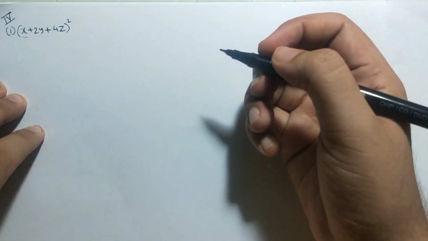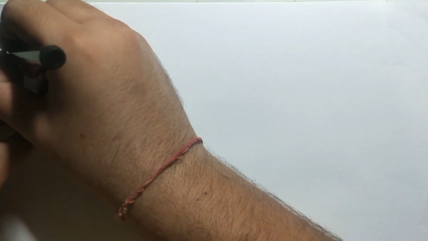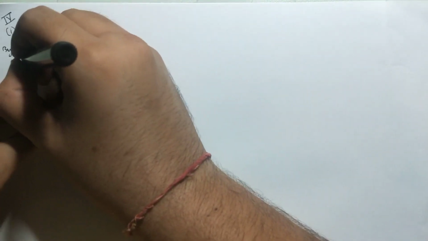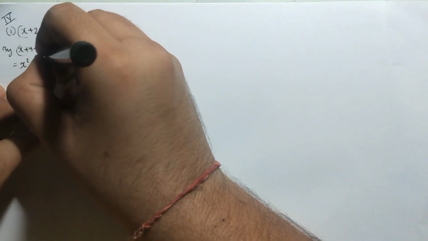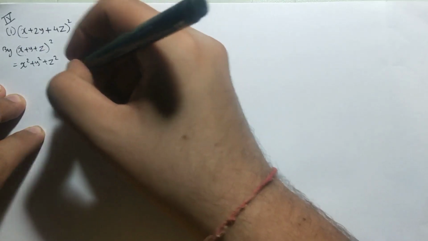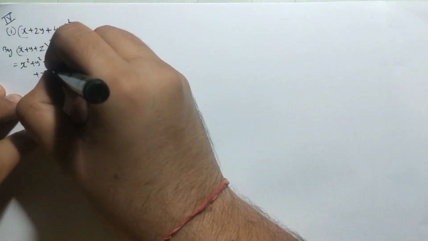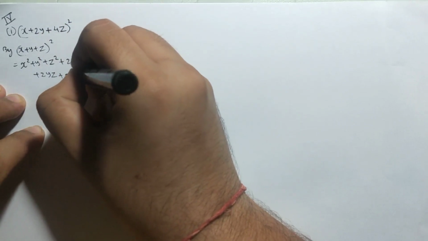This is a plus b plus c the whole square, or as you can say x plus y plus z the whole square. So x plus y plus z whole square is equal to x square plus y square plus z square plus 2xy plus 2yz plus 2zx.